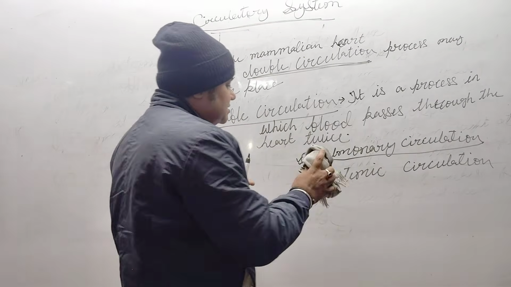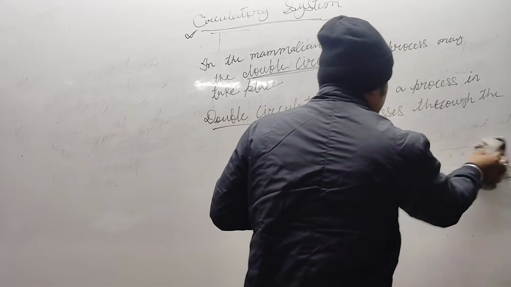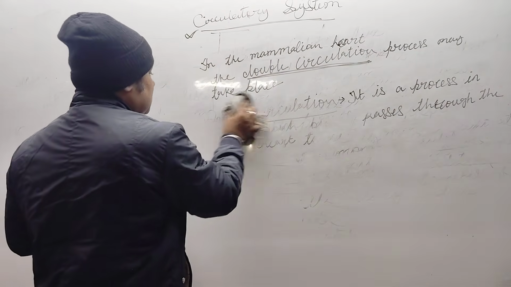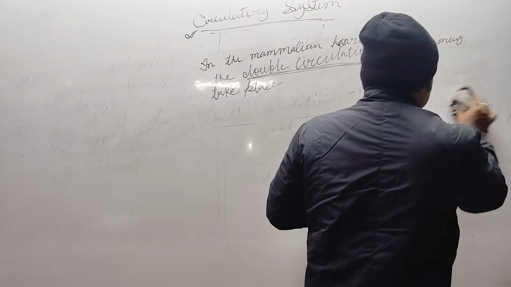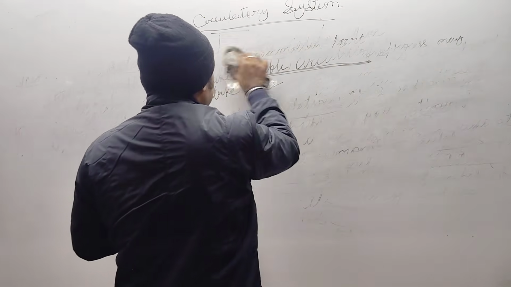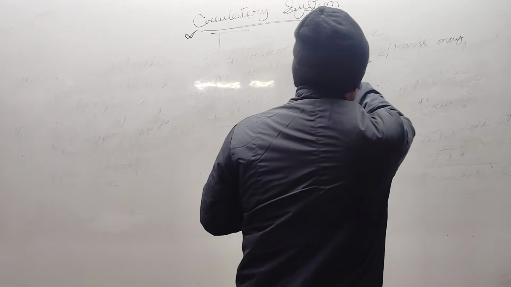So let's try to understand about the entire process of the circulation. तो जैसा कि हमने आपको बोला कि डबल सर्कुलेशन में ब्लड 2 बार पास करता है. तो चलिए हम इसको डबल सर्कुलेशन के डायग्राम की मदद से समझते हैं.